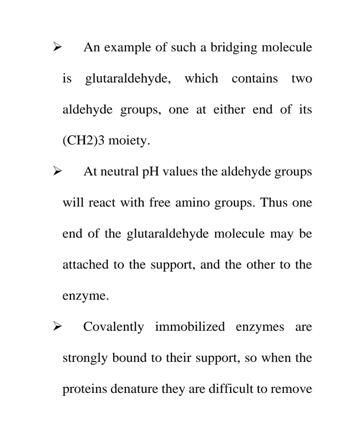An example of such a bridging molecule is glutaraldehyde, which contains two aldehyde groups, one at either end of its CH2 moiety. At neutral pH values, the aldehyde groups will react with free amino groups. Thus, one end of the glutaraldehyde molecule may be attached to the support and the other to the enzyme.